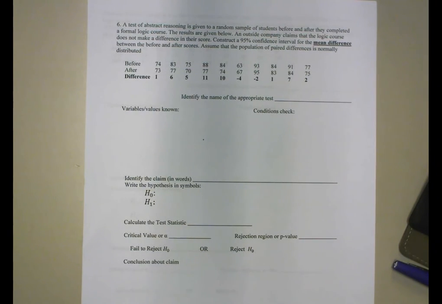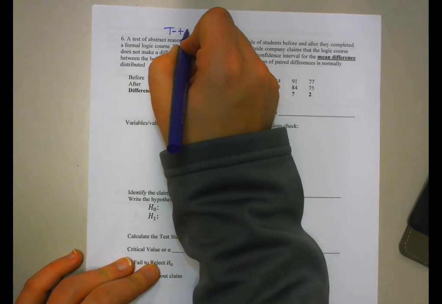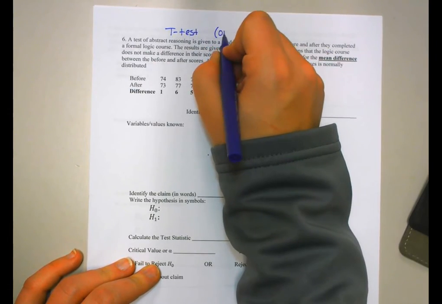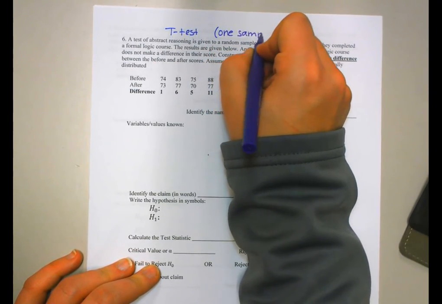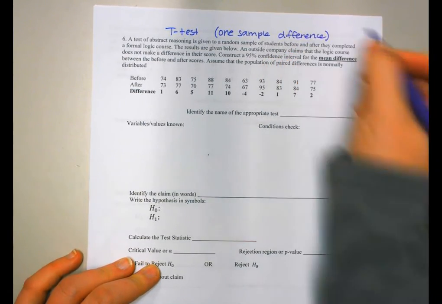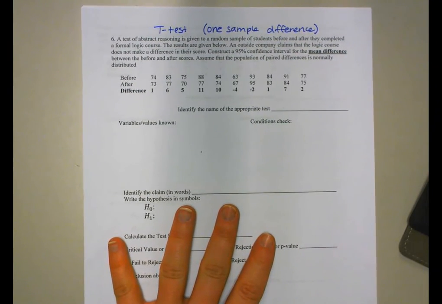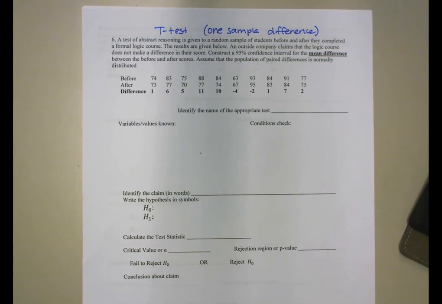So again, pink page 154, this is our t-test on one sample difference. It's run very similarly. It's just the data that we're comparing is against itself rather than against a claim.